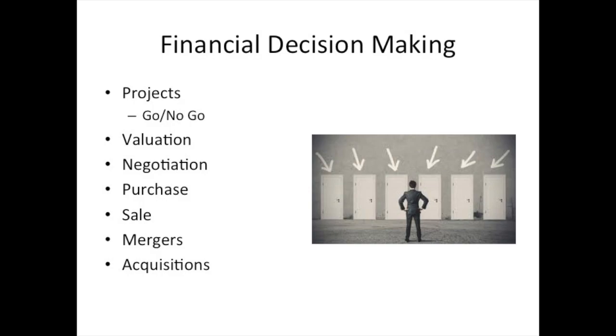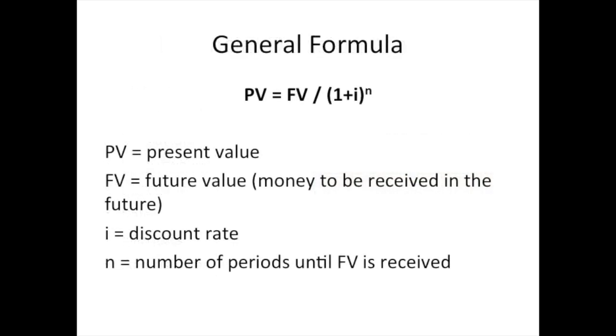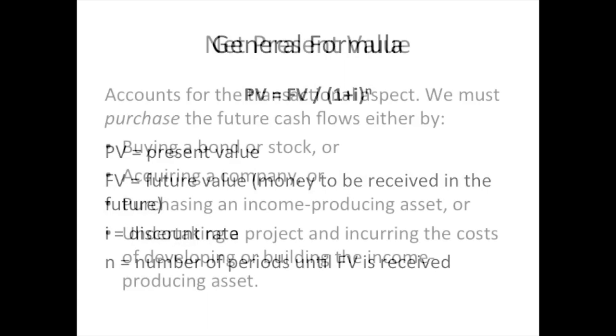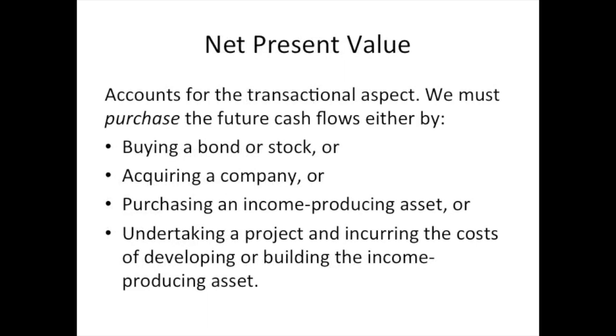So far, we have analyzed and calculated the value of future cash flows and brought them back to the present value. Now, net present value, NPV, takes this idea a step further and accounts for the transactional aspect. We must purchase the future cash flows by either buying a bond or stock, acquiring a company, purchasing an income-producing asset, or undertaking a project and incurring the costs of developing or building that income-producing asset.